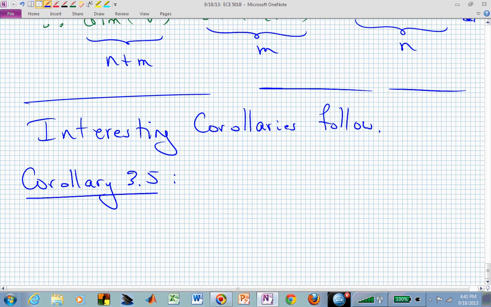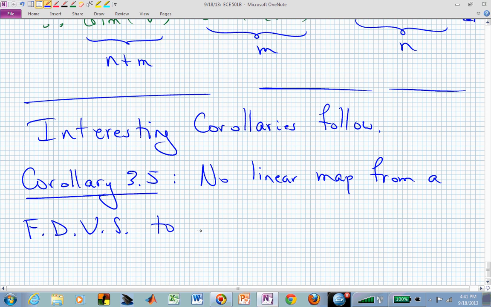And that now says that no linear map from a finite dimensional vector space, an FDVS, to a smaller vector space, so that's in terms of its dimension.